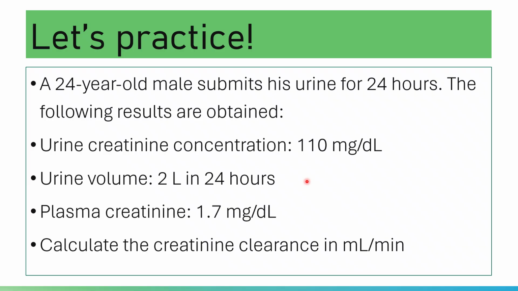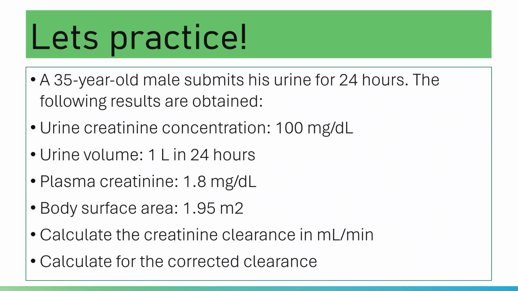So you substitute 110 milligrams per dL, multiply it by the urine volume, which is 1.39 ml per minute, and then you divide by 1.7. The answer is 89 point something. That is your creatinine clearance in ml per minute.